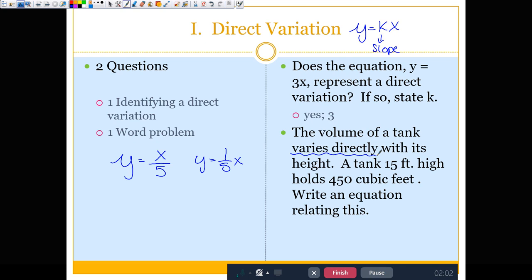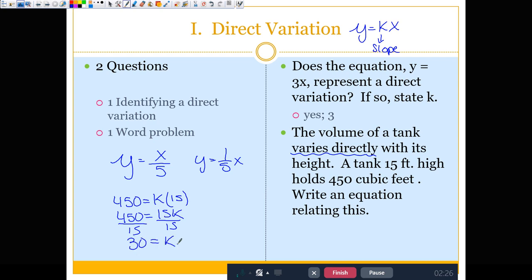Okay, so my y is going to be 450 equals k times x, which is 15. So I'm going to get 450 equals 15k. Divide by 15, and k equals 30.